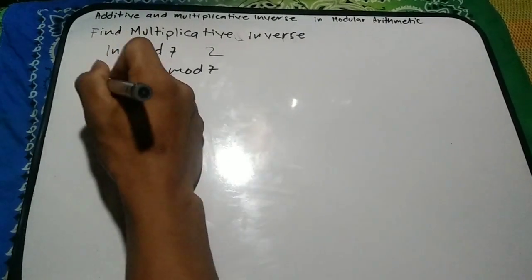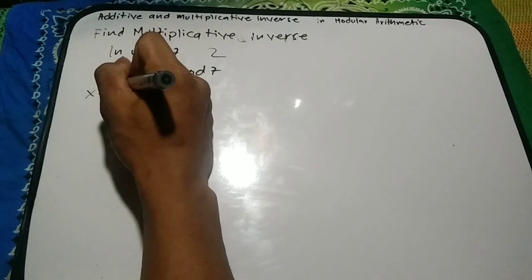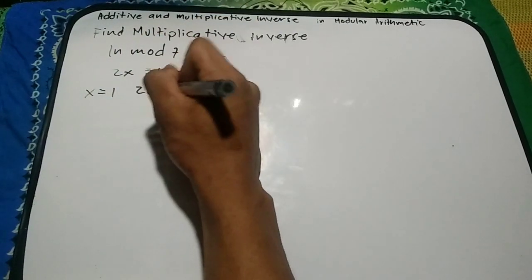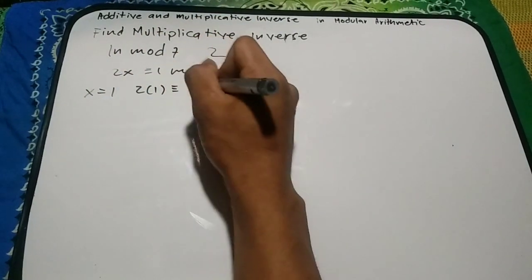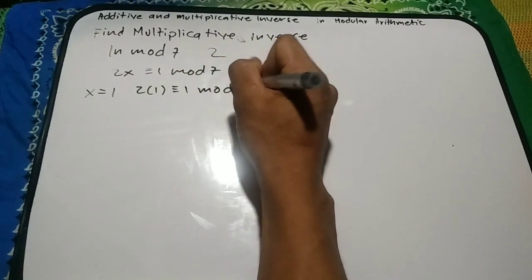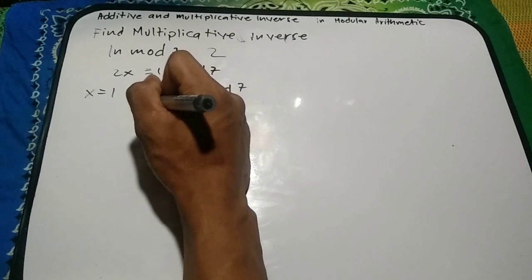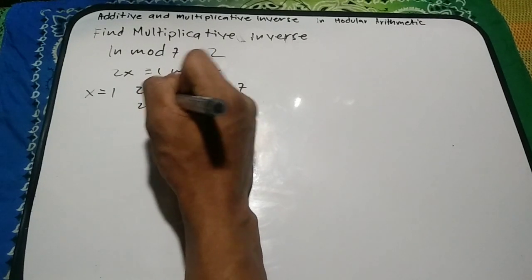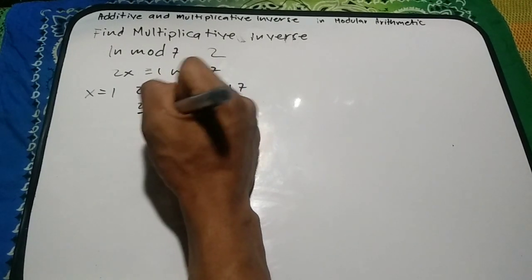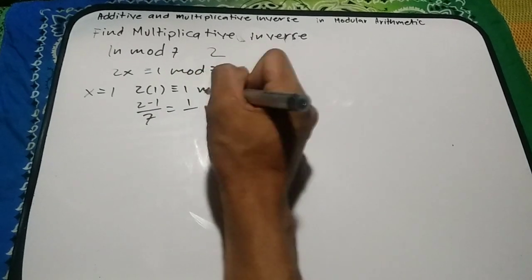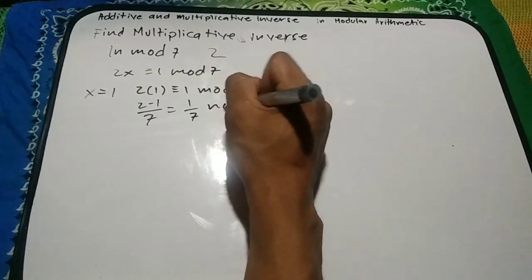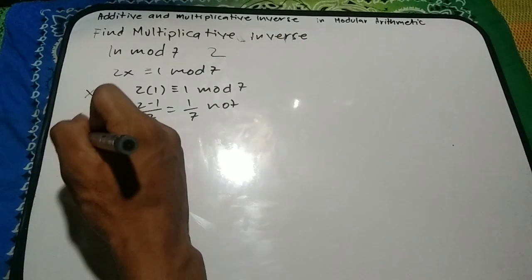If x is equal to 1, 2 times 1 congruent to 1 mod 7. 2 times 1 is 2, minus 1, over 7 is 1 over 7, not a whole number.